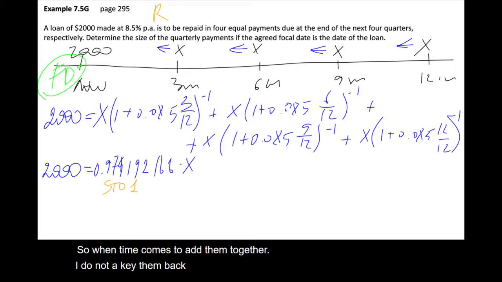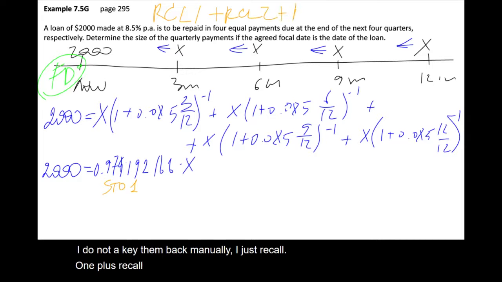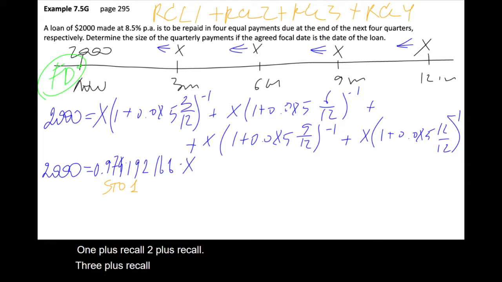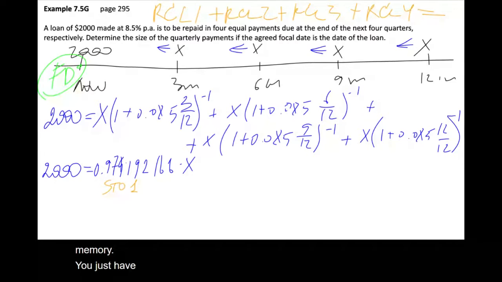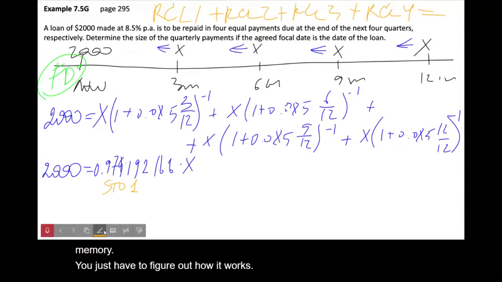I just recall 1 plus recall 2 plus recall 3 plus recall 4, and I have all 4 already, and then equal. Understand? Actually, most calculators have memory. You just have to figure out how it works. Okay, all right, thank you.